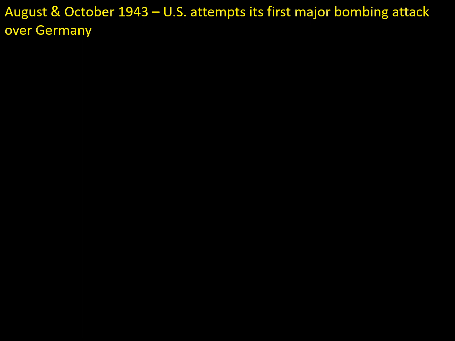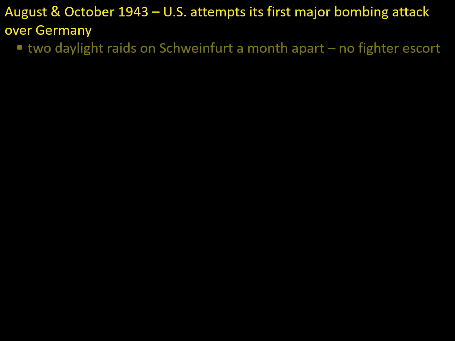Now in August and again in October of 1943, the United States is going to attempt its first major bombing attacks over Germany. They're going to attempt 2 daylight raids on the German city of Schweinfurt a month apart. They had no fighter escorts since the P-51 wasn't there yet, and none of the American fighter planes could follow all the way to Germany and back.